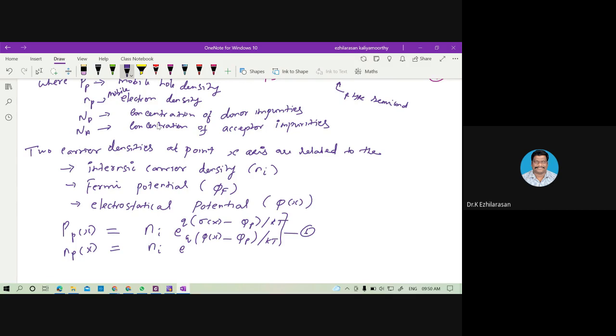So here the Fermi potential phi F corresponds to the Fermi energy level.